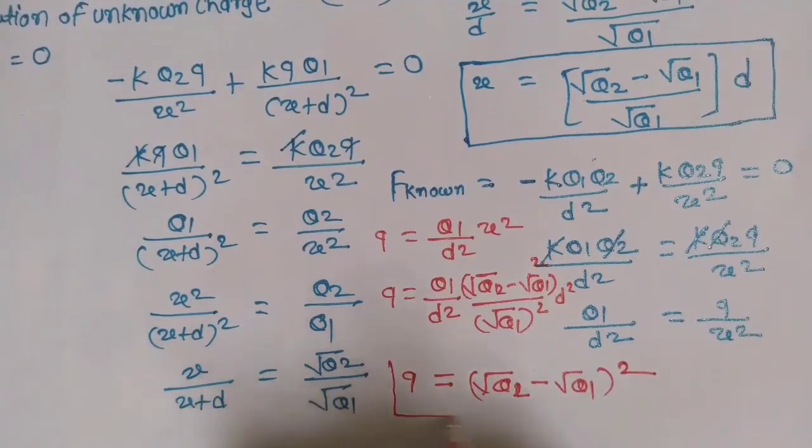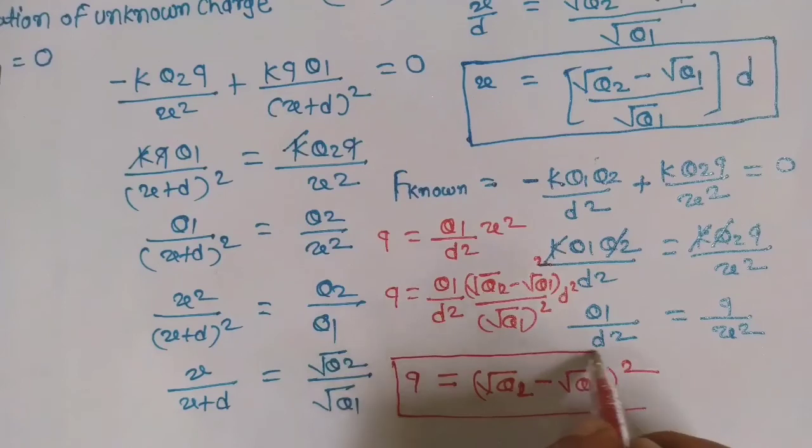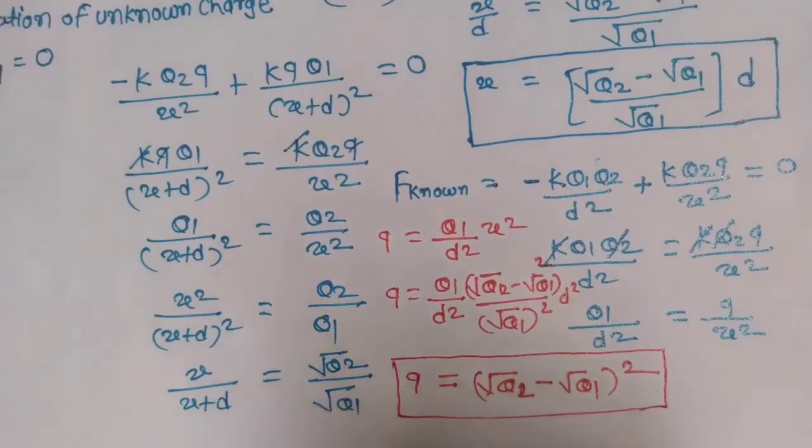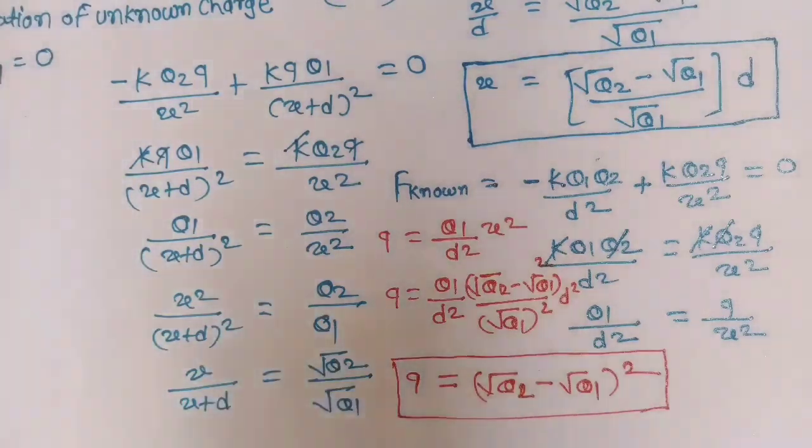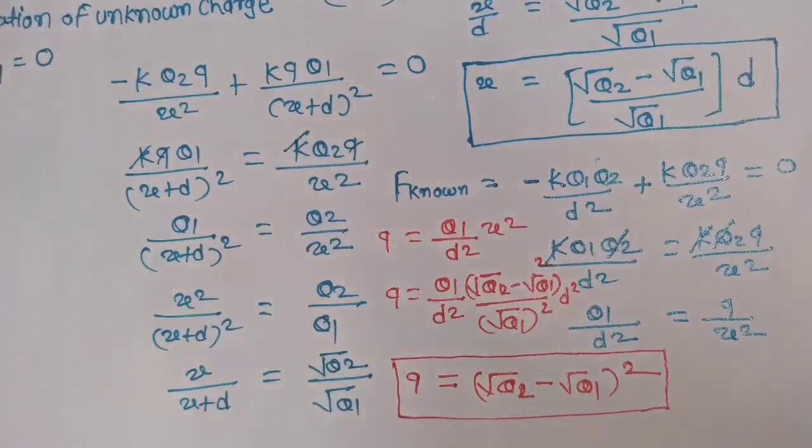This is the magnitude of the unknown charge when both have opposite sign. When we are given opposite sign charges and we have to find the magnitude of the unknown charge, then we use this formula: Q is equal to (under root Q2 minus under root Q1) bracket square.